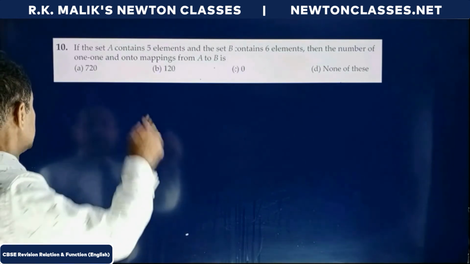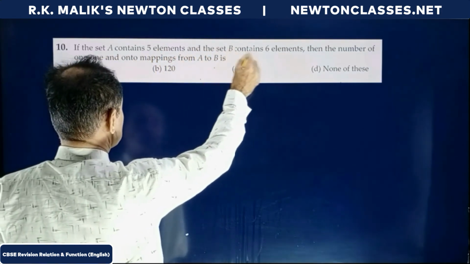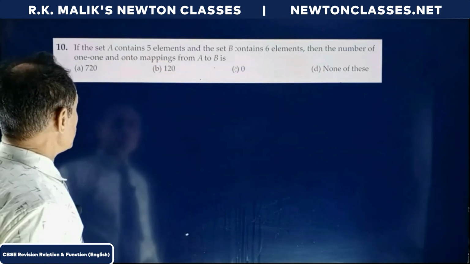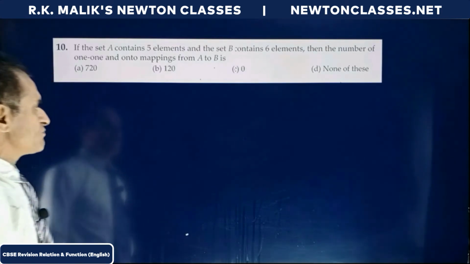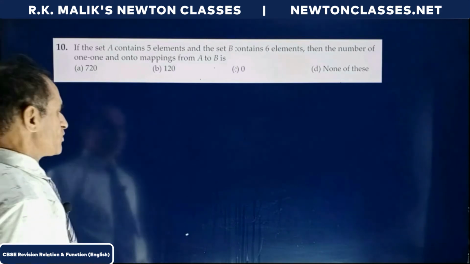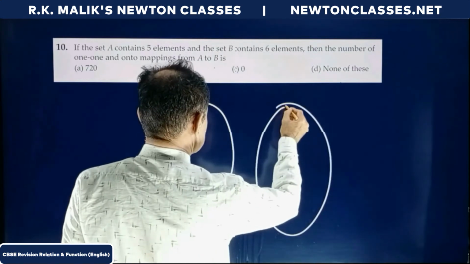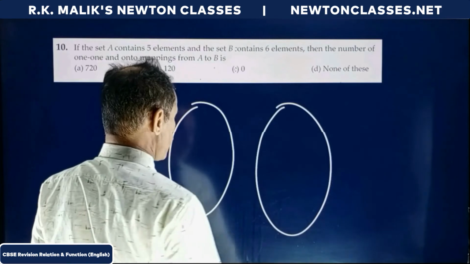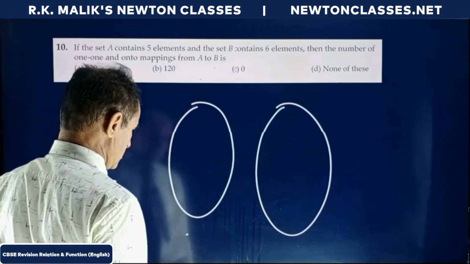This is the next question I have taken from CBSE sample papers. If the set A contains 5 elements and the set B contains 6 elements, then the number of one-one and onto mappings from A to B is. If the concept of onto mapping is clear to you, then you must be knowing that for an onto mapping, on every element of the codomain, one or more than one arrow is reaching.